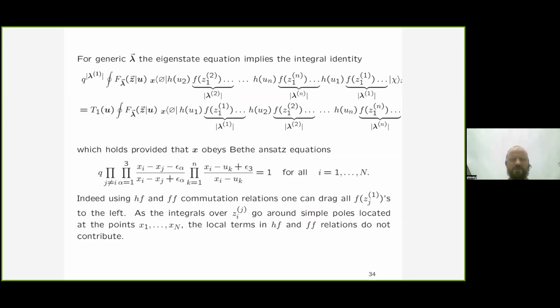If you do so, you just compare two sides of this relation, okay? So let's see, for example, I have to commute H of U1 to the left.